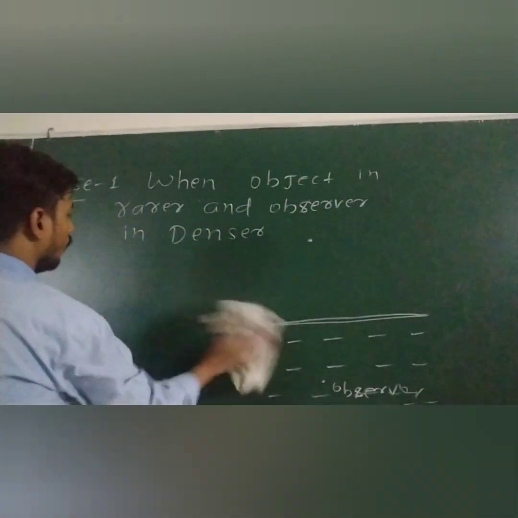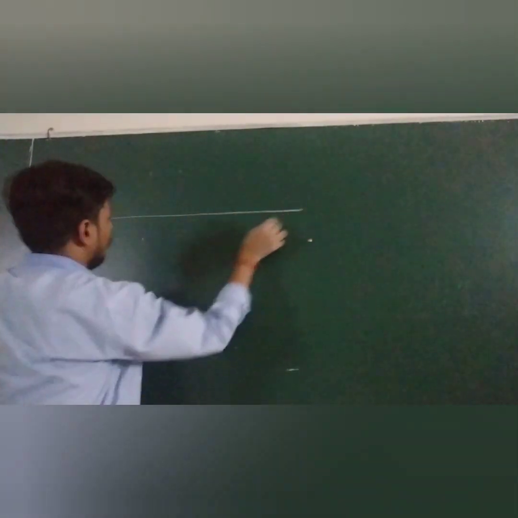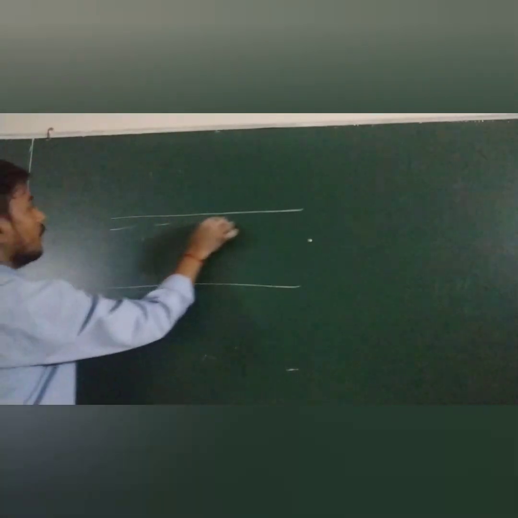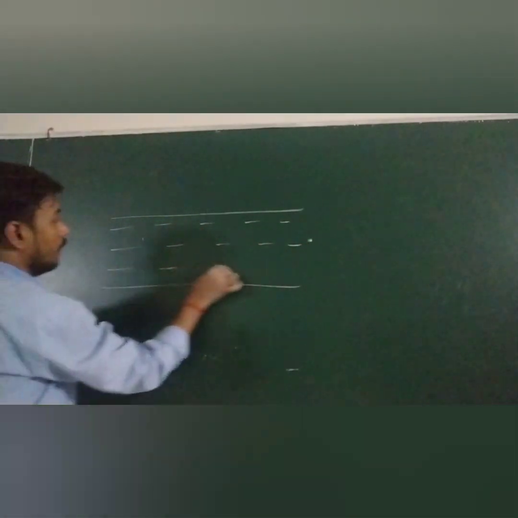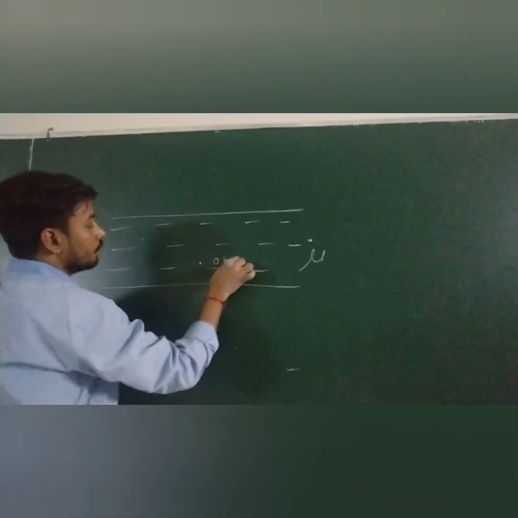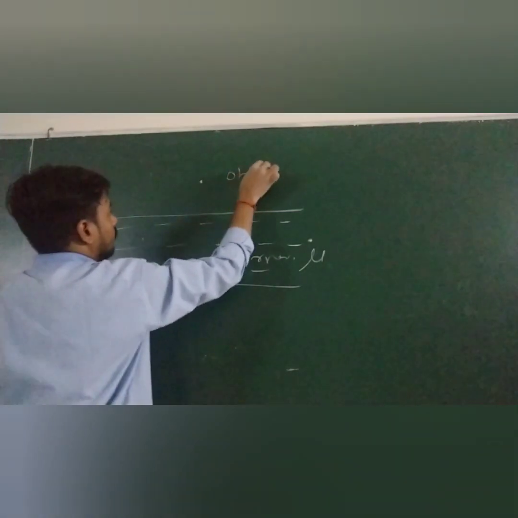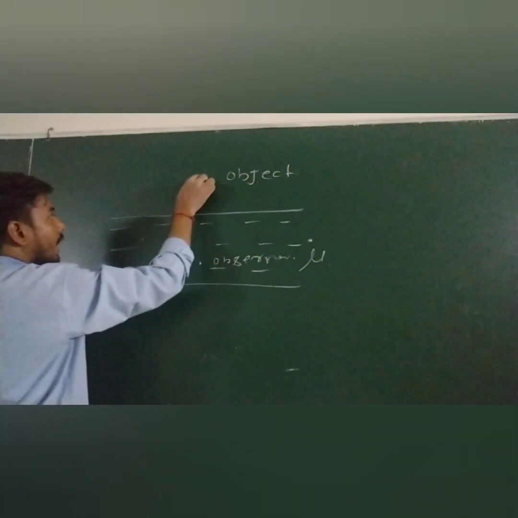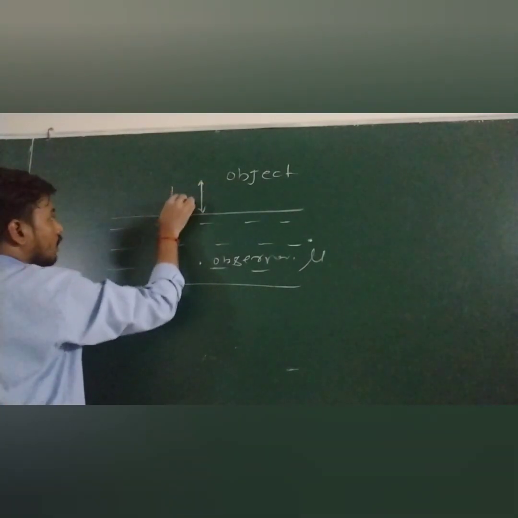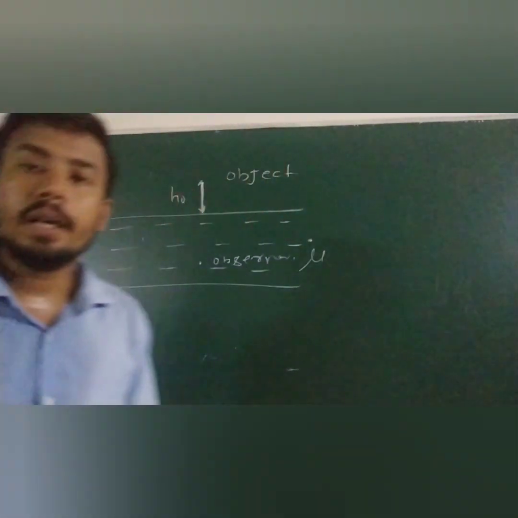Okay, so this is a medium of refractive index mu. Suppose that here is the observer and here the object. This height, assume h0. Is this a real height or apparent height? I told you this is the real height.